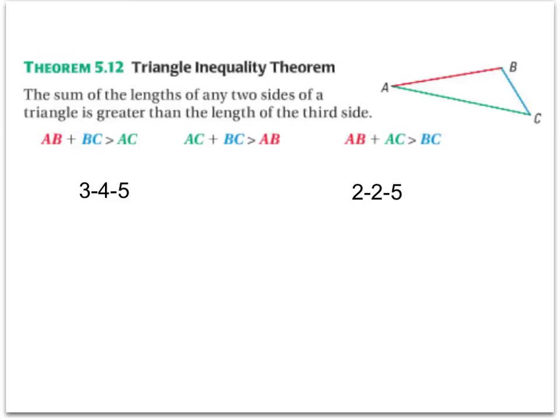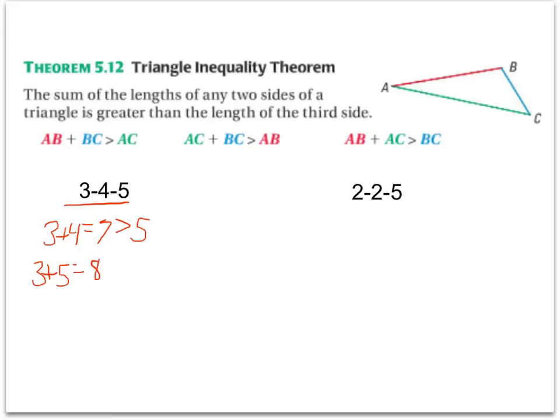Let's put this to work with a couple of different representations. So the check here is, does 3, 4, and 5 represent the sides of a triangle? Would those be okay to use as sides of a triangle? Let's check. 3 plus 4 is equal to 7, which is in fact greater than the third side that was unused, 5. 3 plus 5, is that greater than the third side?